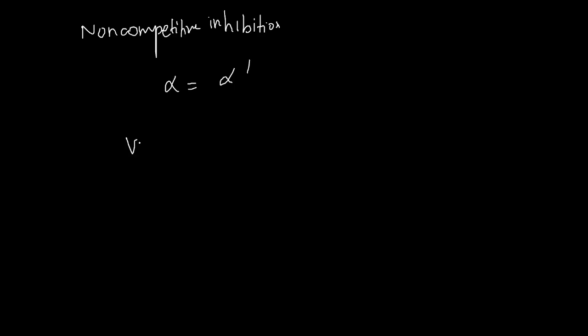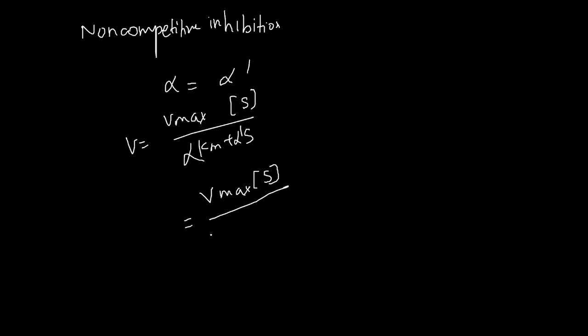So again if you write the formula, V is equal to Vmax S divided by alpha Km plus alpha prime S, and because alpha is equal to alpha prime, you will get Vmax S divided by alpha by alpha prime Km plus S, right? Here we have divided by alpha prime.